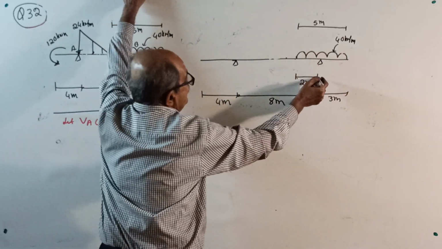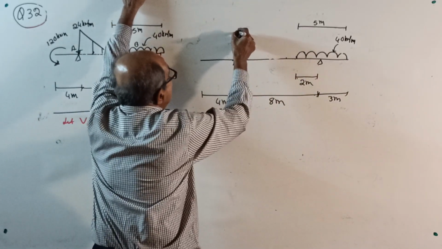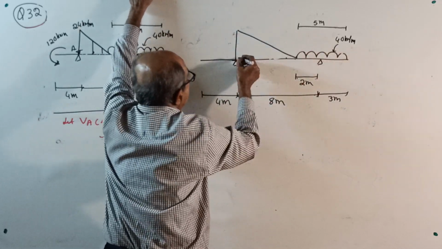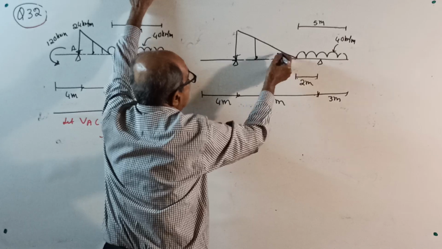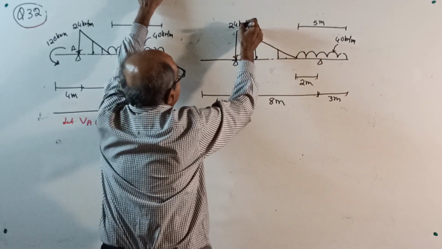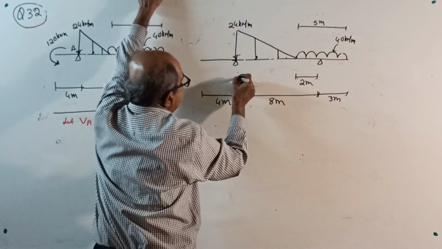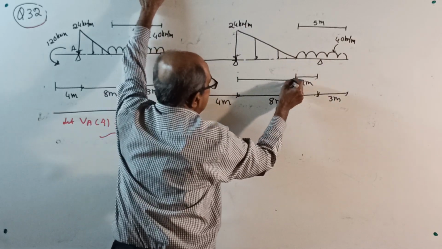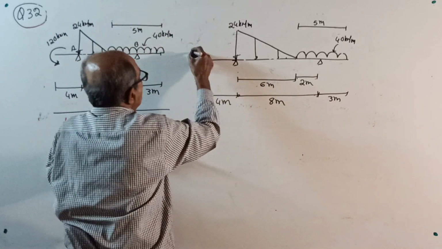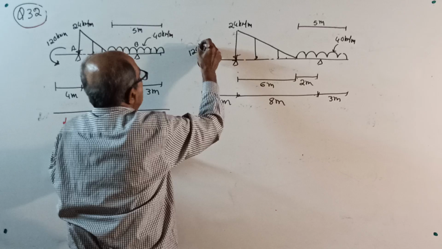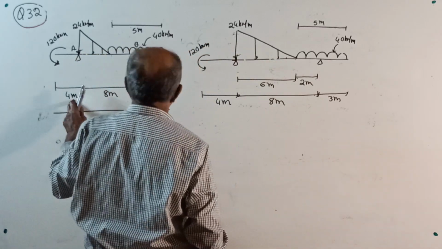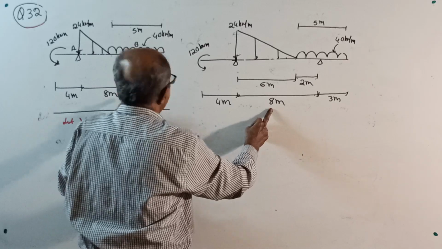Now see, this is 2, this is 8, means this is 6 meter. How much is it? 24 kilonewton per meter. For this, the loaded length is 6 meter. Here there is a couple anti-clockwise of 120 kilonewton meter. That's all. Everything correct? 4, 8, 6 plus 2, 8, 3 correct.